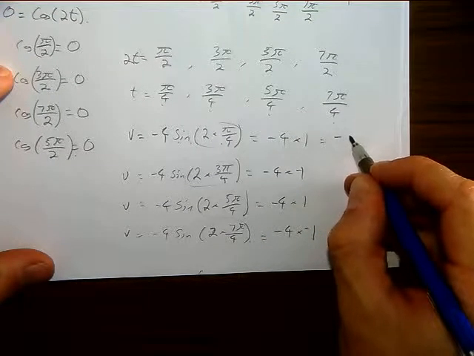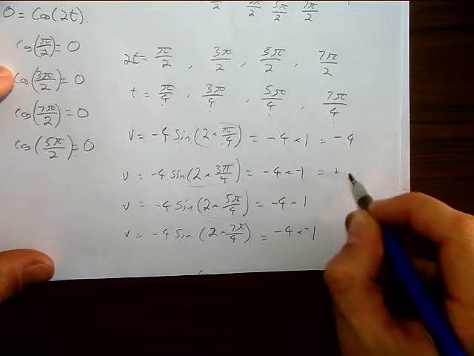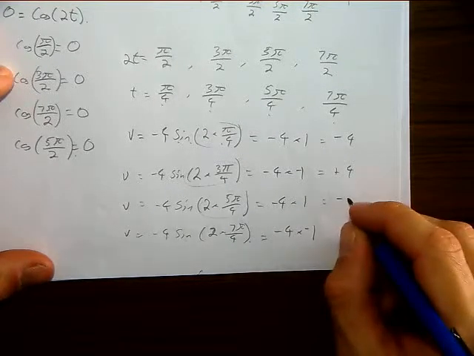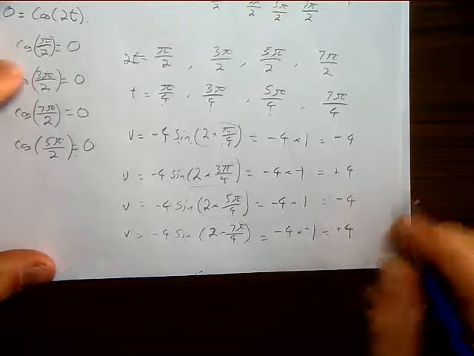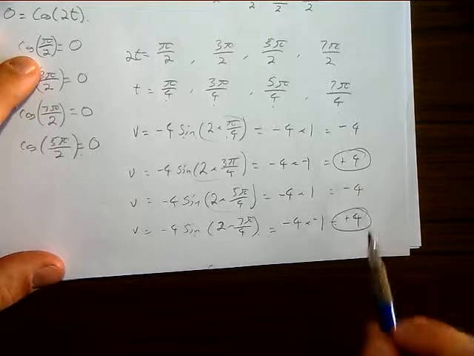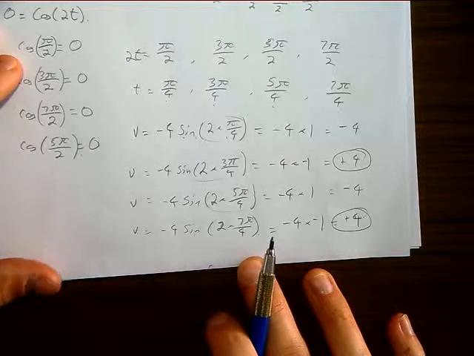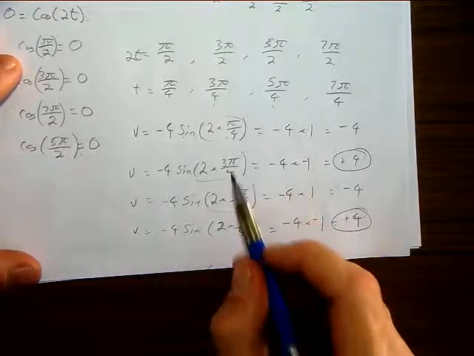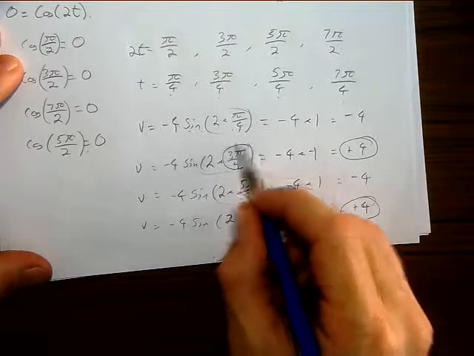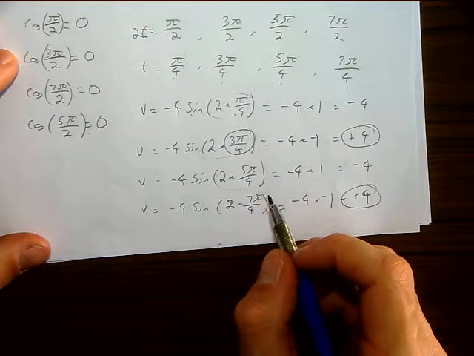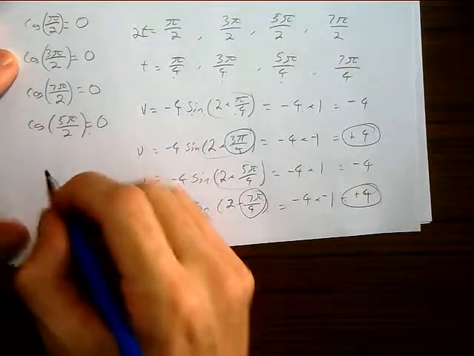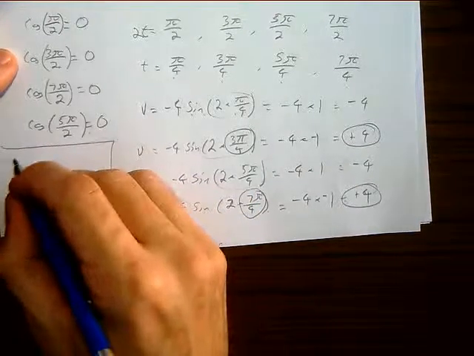So that's negative 4, positive 4, negative 4, and positive 4. So our maxes are positive 4, and the times when they occur are 3 pi on 4 and 7 pi on 4.